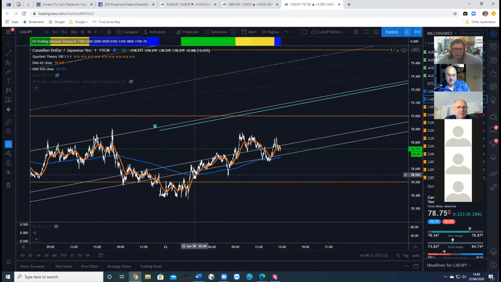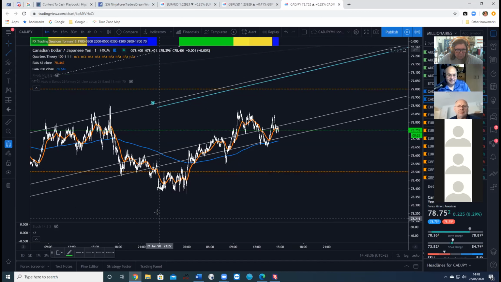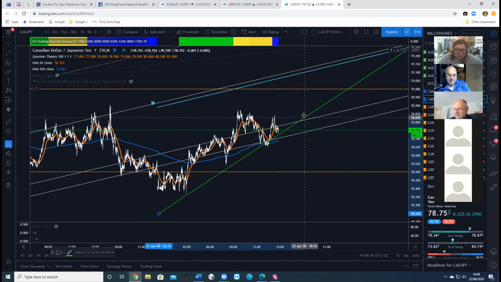We've got the orange has crossed above the blue, to use a technical term. It's coming into the inner extensions now. So we just put a trend line on this. I quite like the look of that.